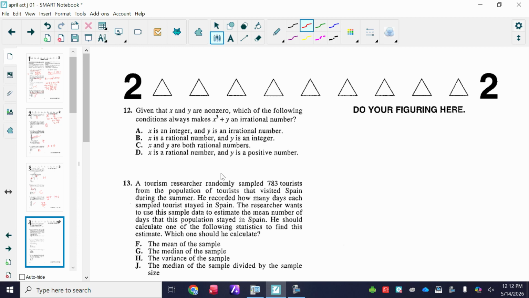These are always interesting. You can play on the calculator a little bit if you want and check the choices. X being an integer means that x cubed is an integer, and then the plus irrational is going to throw it off. So that's the choice you're looking for. I guess I could go through each choice and show you why it's wrong.